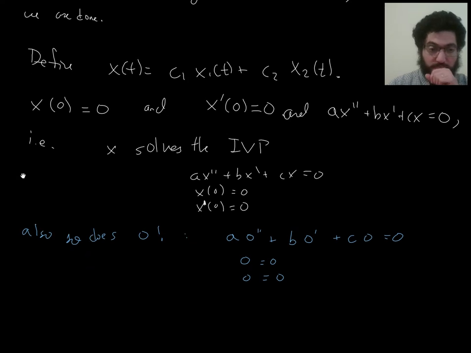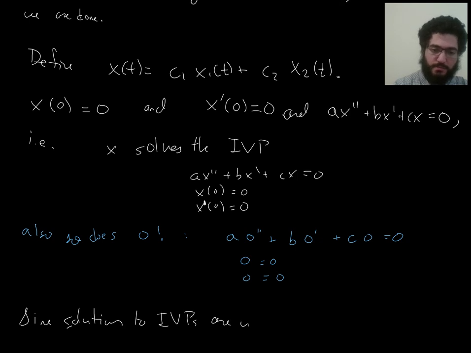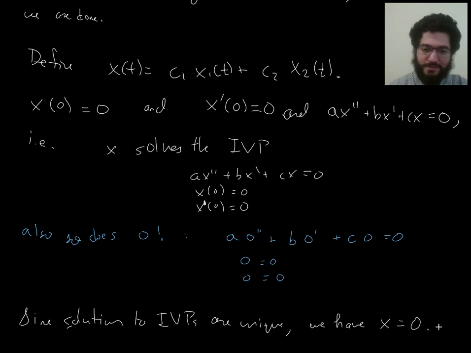Then since solutions to initial value problems are unique, we must have x equals 0. x of t equals 0 for all t, in other words.